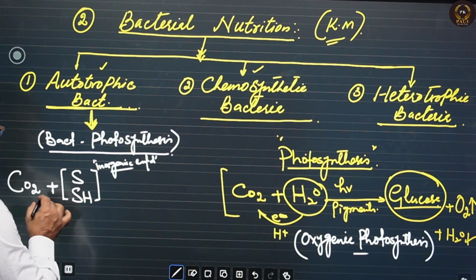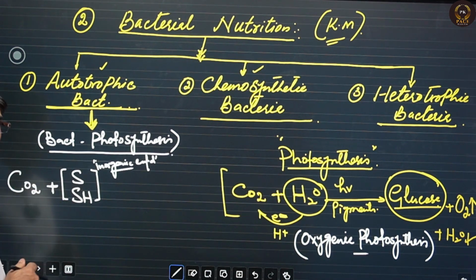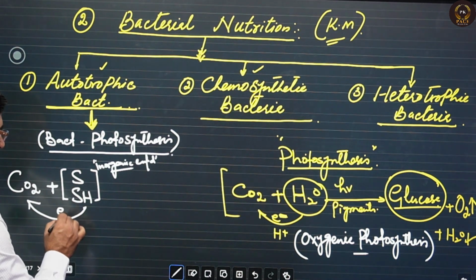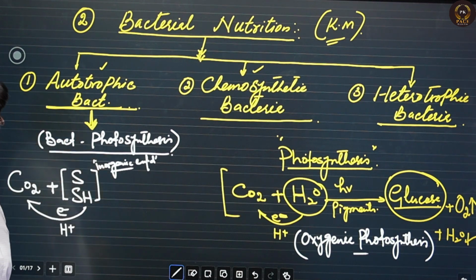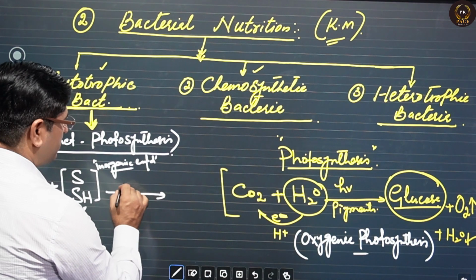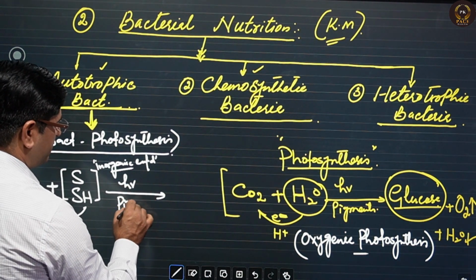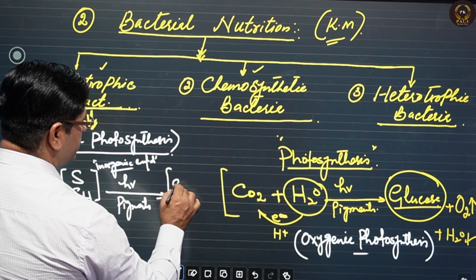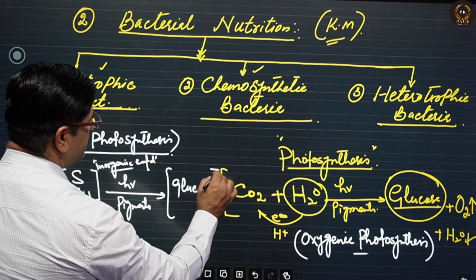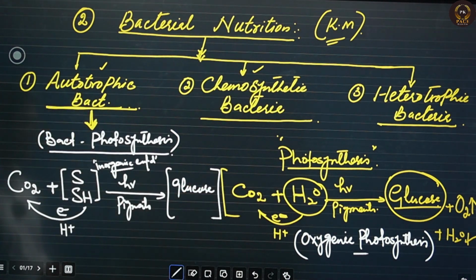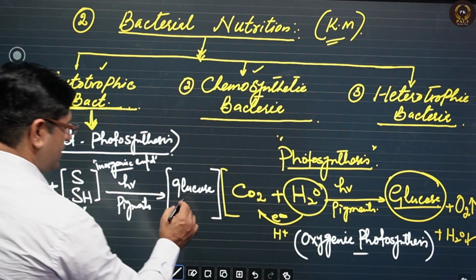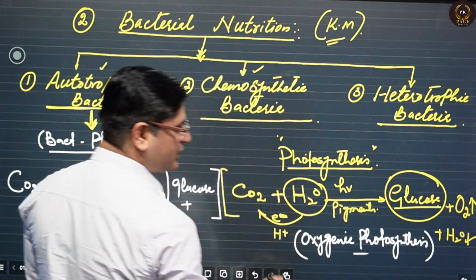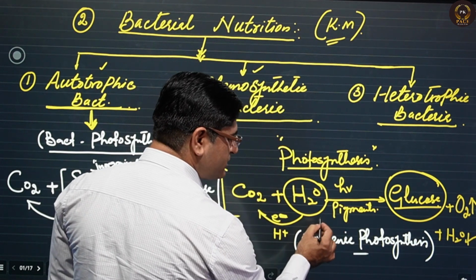Then what happens when the carbon dioxide is reduced with the inorganic substance? The electron and proton source is supplied by the inorganic compound. Then in presence of sunlight and pigments, like in the plants, glucose is formed as an organic compound inside the bacteria, as energy, as food. In plant photosynthesis there was a release of oxygen, because this oxygen comes from the water.